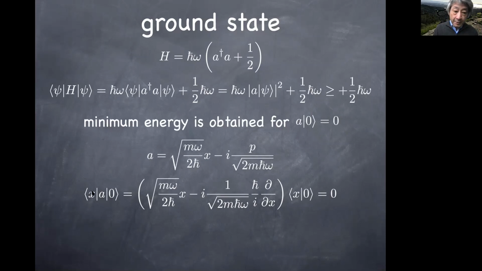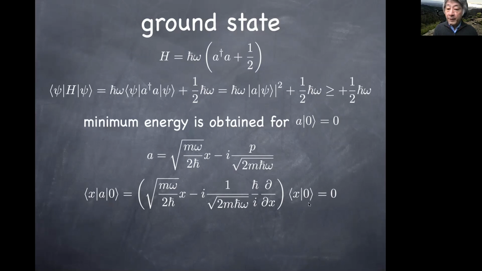This X is a number, an eigenvalue of X. So this X operator turns into the eigenvalue X number. And the P operator, as we talked about 2 slides ago, is a derivative with respect to X. So this equation that A annihilates the ground state can now be written as this differential equation with respect to X.